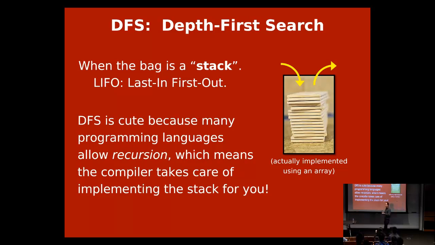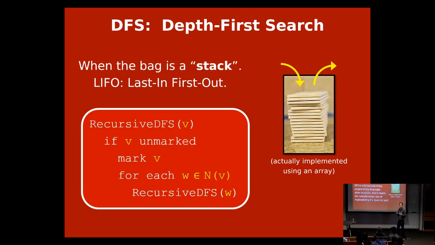So actually, the compiler can build a stack for you, which means you can implement depth-first search without writing any data structures yourself. I mean, this is the whole code. To do a recursive depth-first search from V, check if it's marked. If not, mark it, and then do the recursive call from each of the neighbors. OK, so that's actually one cute thing about depth-first search.